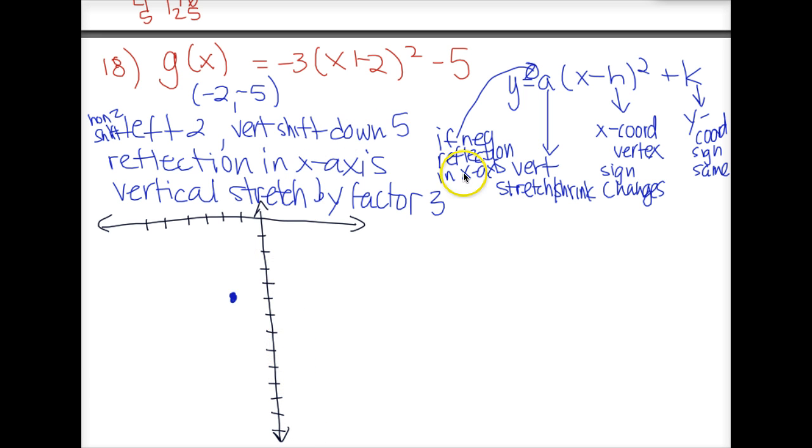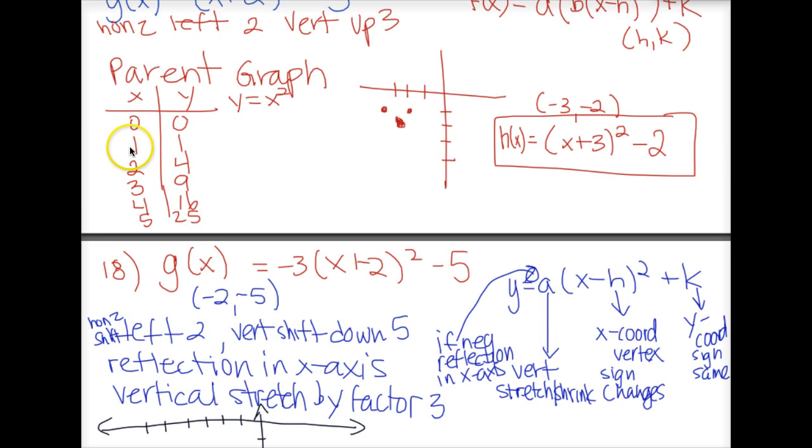So the key is normally on the parent, if we look at our little key here, I would go right 1 and up 1. Well, first of all, I'm moving down since it's reflected, but instead of going right 1, down 1, this factor 3 means I need to multiply how much I go down by 3.